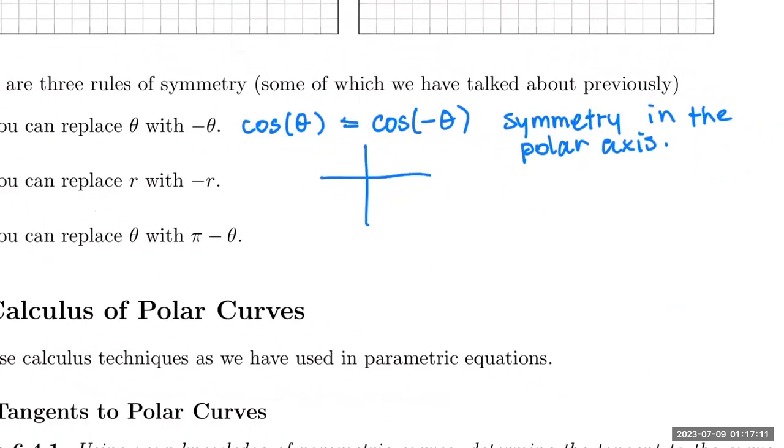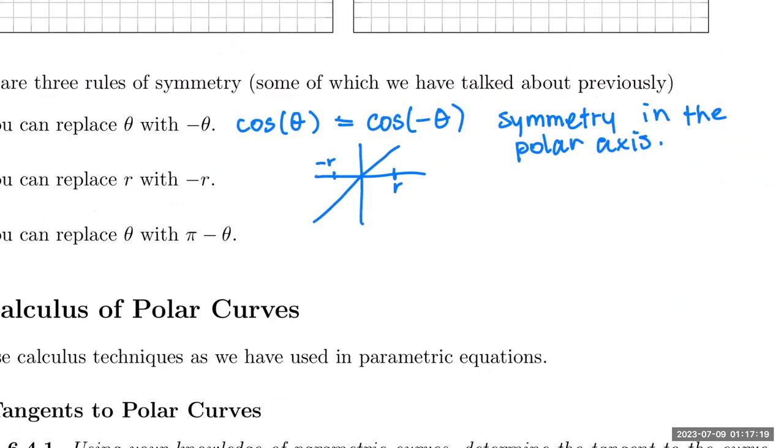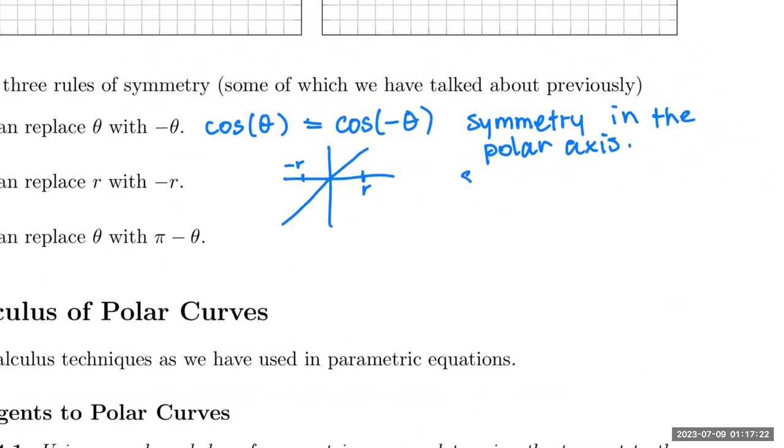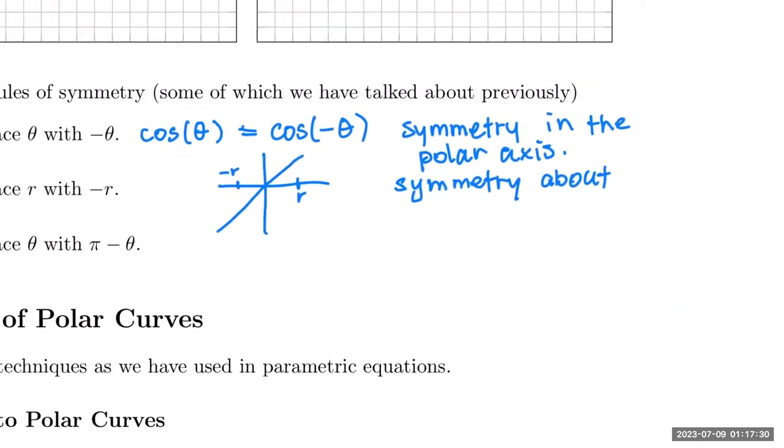For the second one, if we replace r with negative r, then what we'll get is like an odd function. So say this is r, this is negative r. We have something that goes like this, but the other side is going to go like that. It's almost like an odd function. So we say that this is the symmetry about the pole.